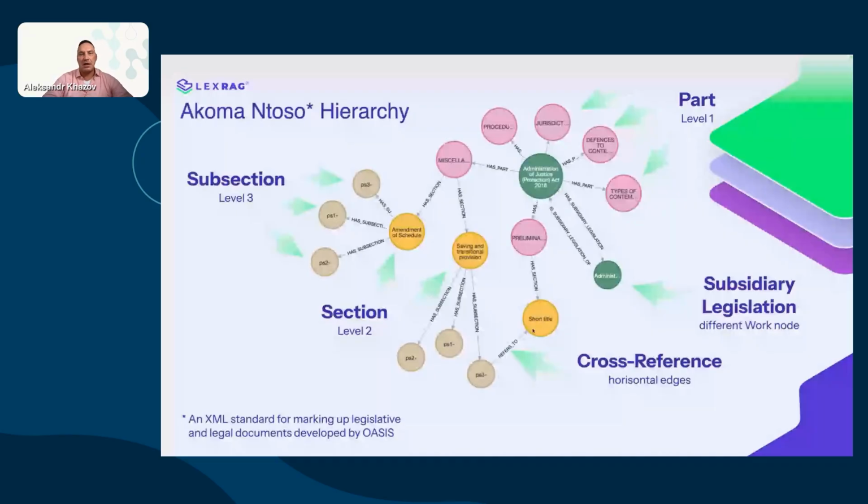So let's say in that particular law, somewhere in that subsection, the legislator refers to the same text inside the document, and we represented it this way. We will explore how this can help in the retrieval part, but in general, Akoma Ntoso is helping us to represent law as it is.